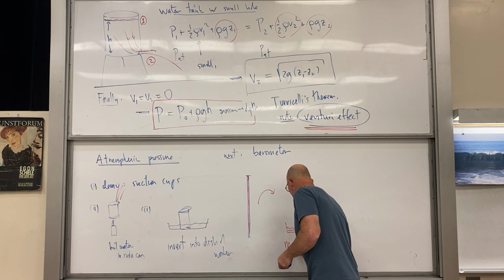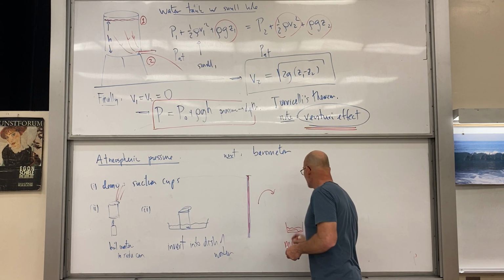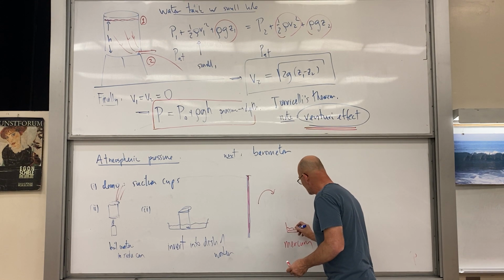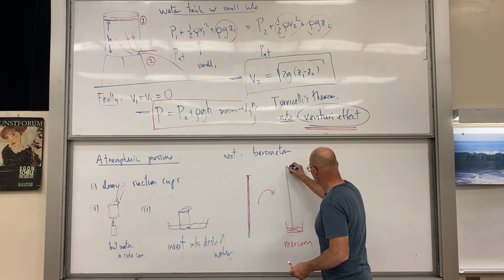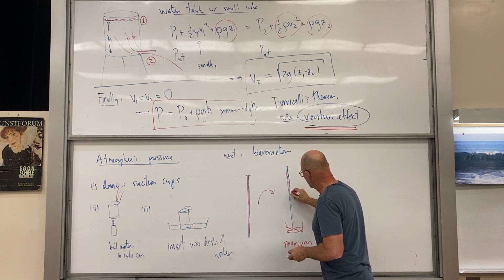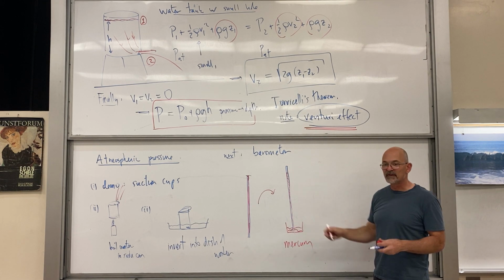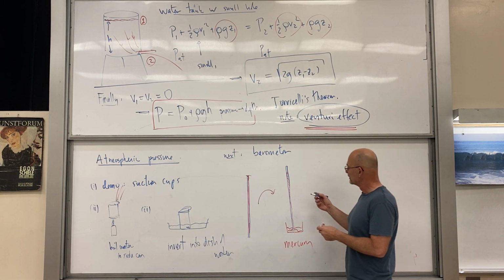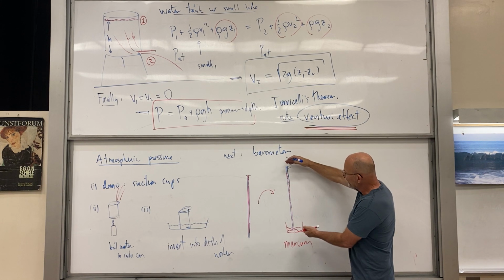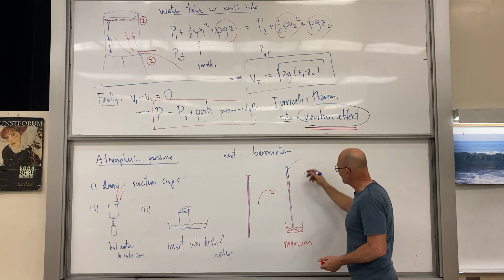So you invert it into that dish, and here's what you get. Your capillary suddenly has a vacuum at the top. So I'll just put here vacuum. There's nothing. It stabilizes, even though it was full.